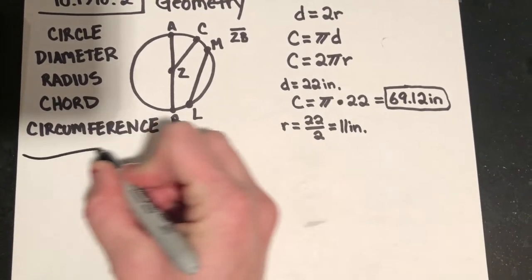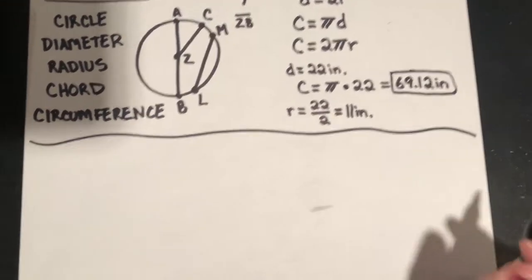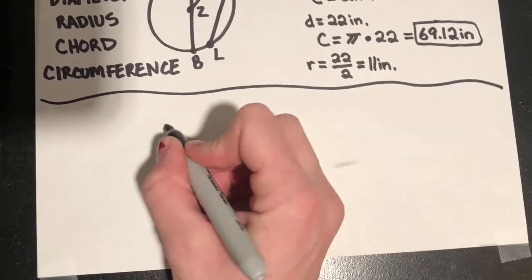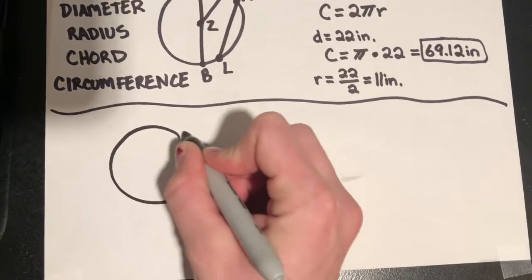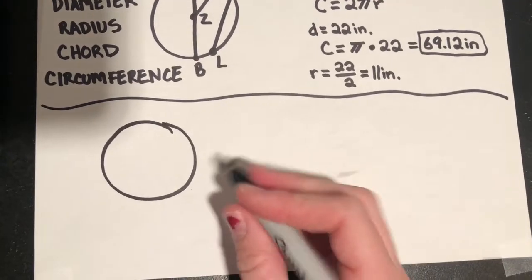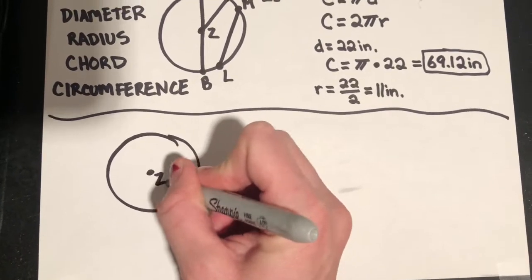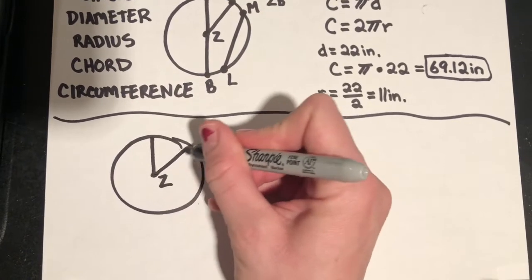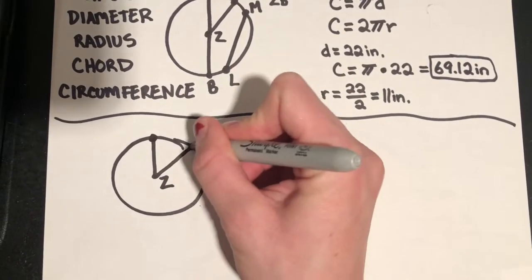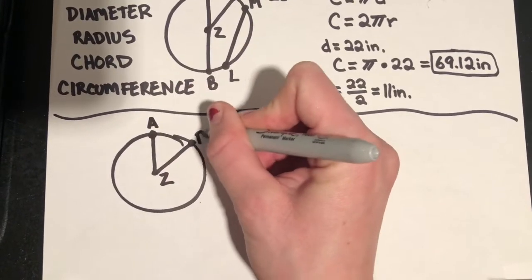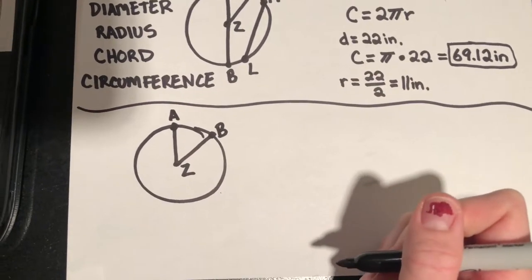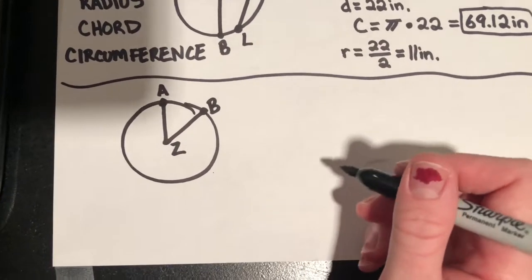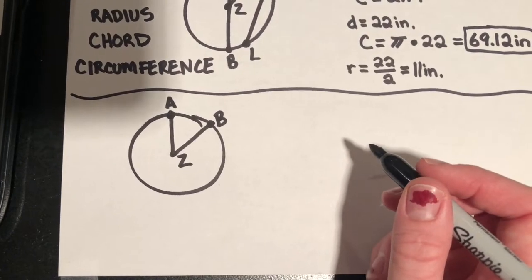So let's draw a little line here. 10.2, draw another circle here. Yay, circle. Let's name this circle Circle Z again. And I'm going to draw 2 radii here and name those A and B. So it looks like a little bit of a pizza slice. Well, that pizza slice can be broken up into 2 different parts.